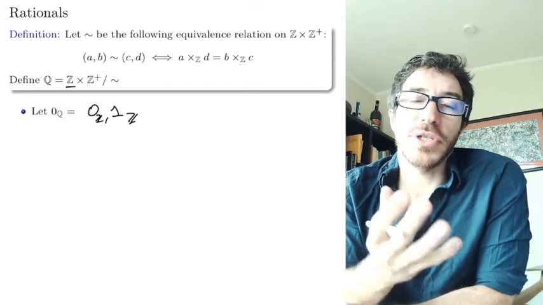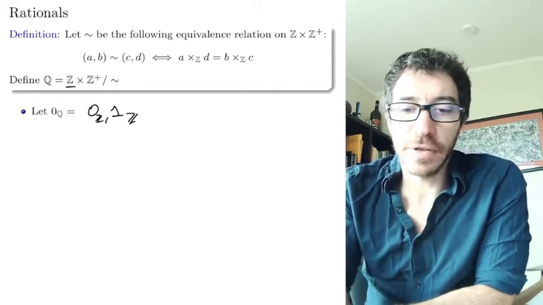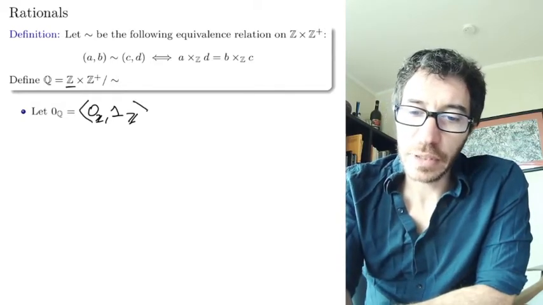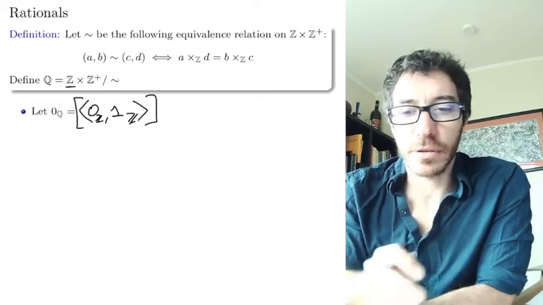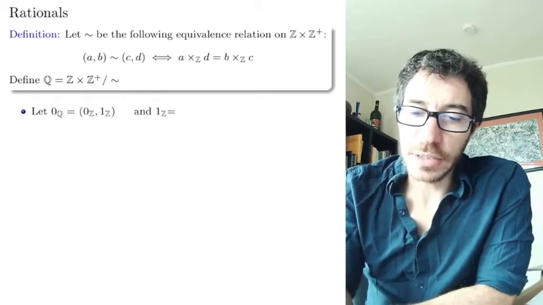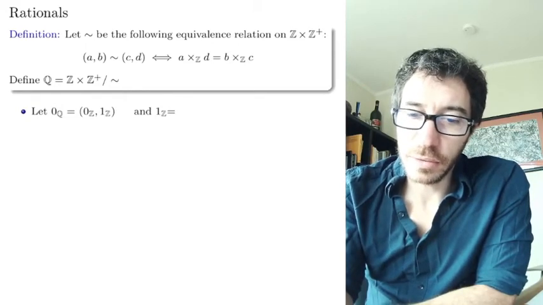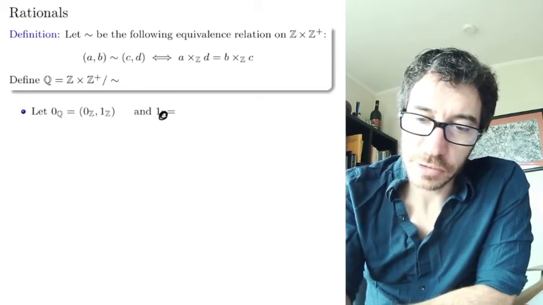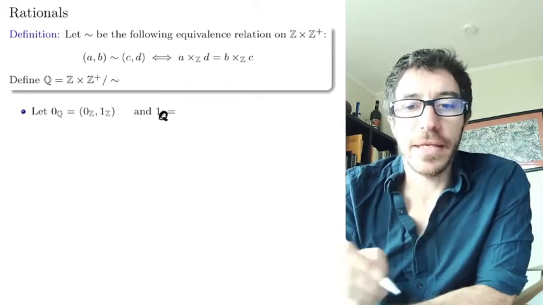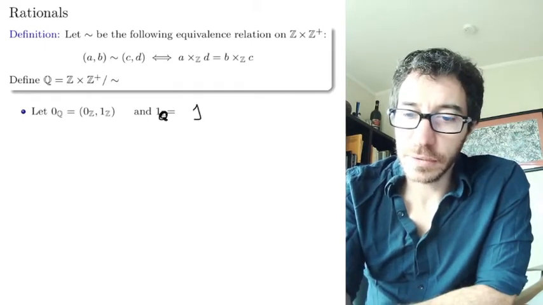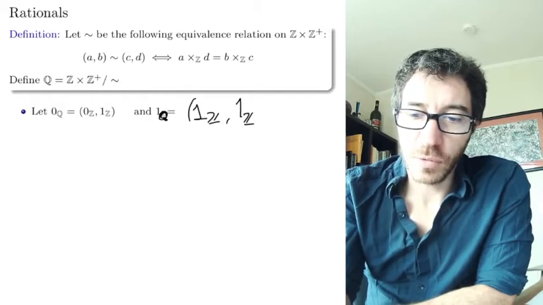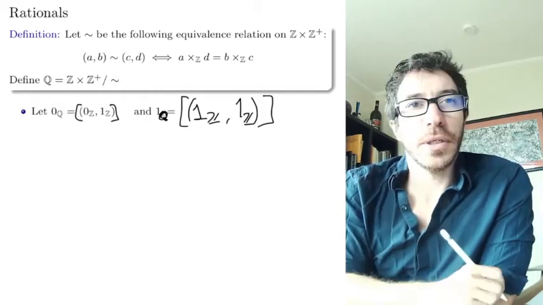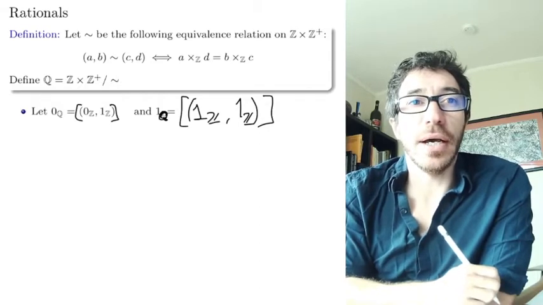We could have chosen (0, 2) or (0, 3); they are all equivalent to each other, all those pairs, and we take the equivalence class of this one. And then the 1 of the rationals is, as you expect, the 1 of the integers over the 1 of the integers, the pair (1, 1). So that's your number 1.